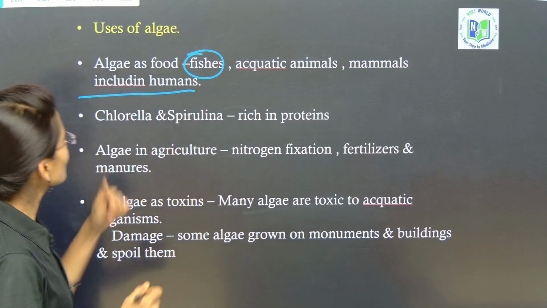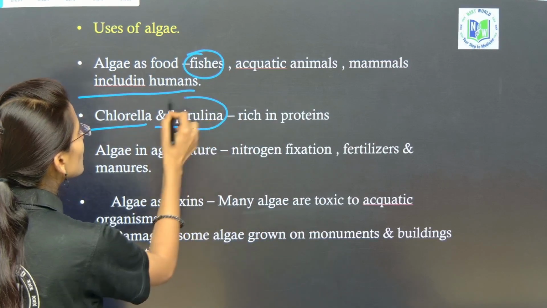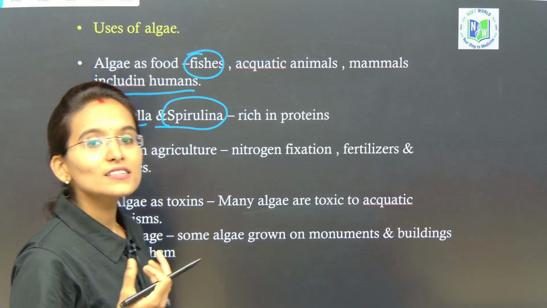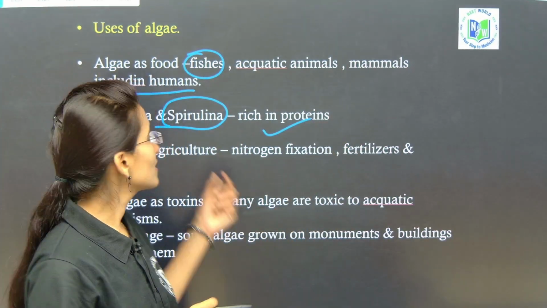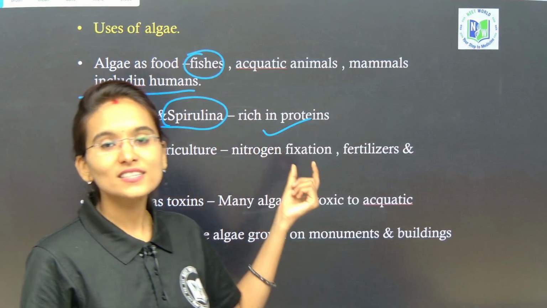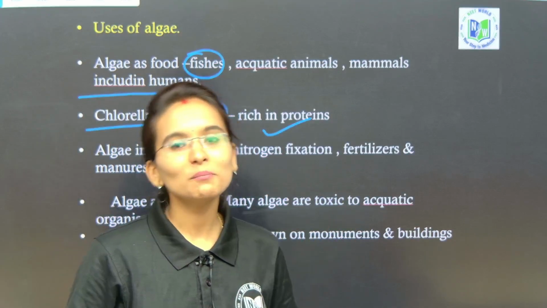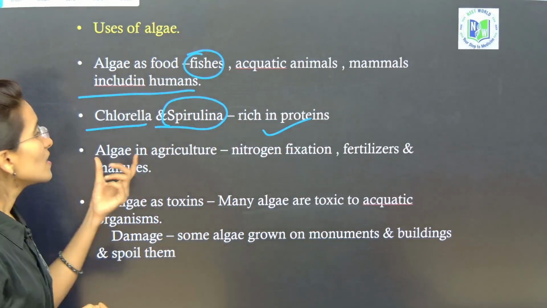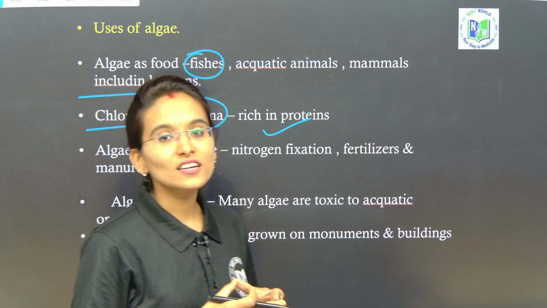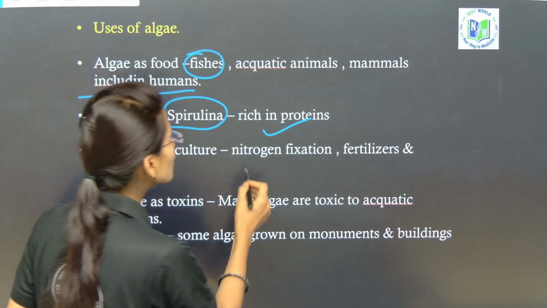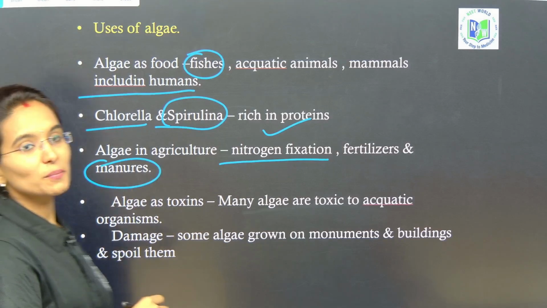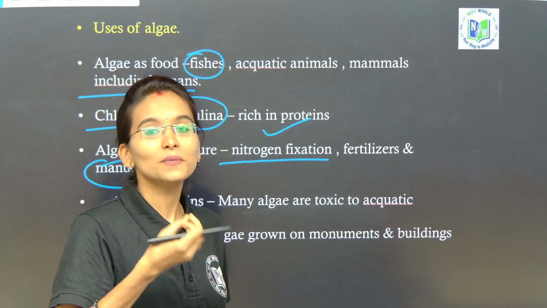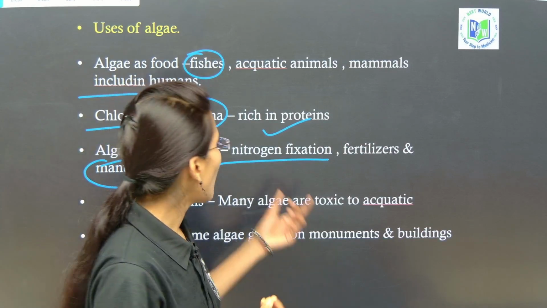For this, the examples are Chlorella and Spirulina, which are rich in proteins. These are consumed by human beings also. Next, some algae are used in agriculture for nitrogen fixation and for the preparation of fertilizers, biofertilizers and manures.